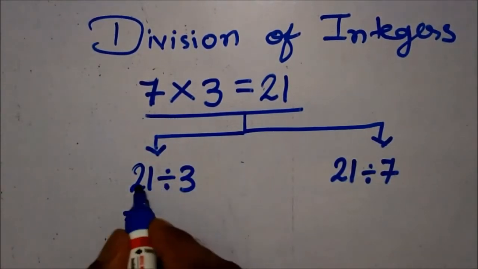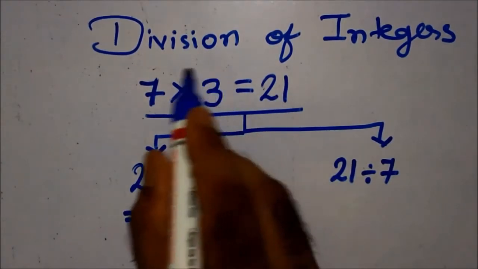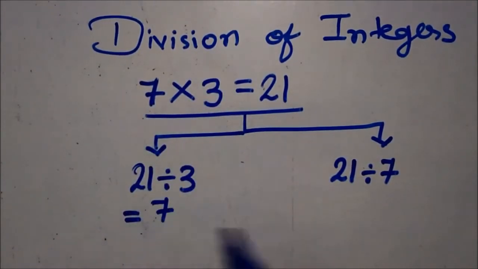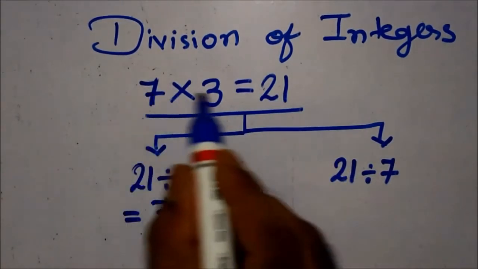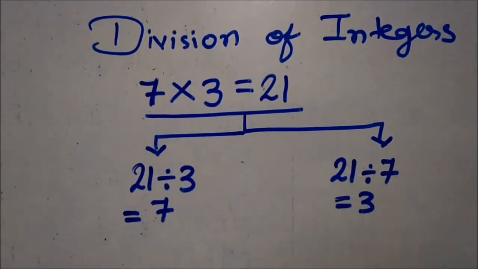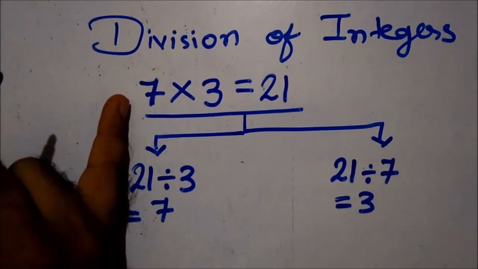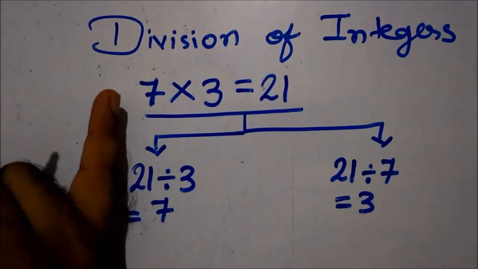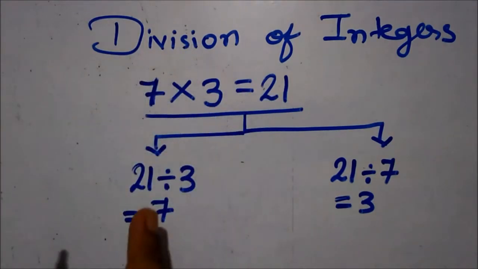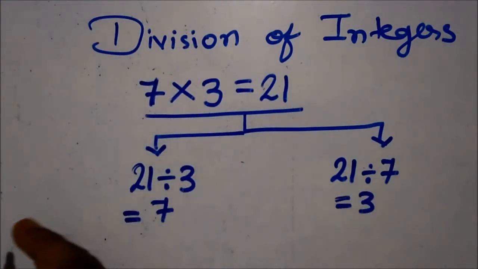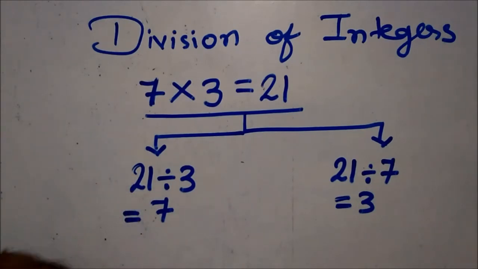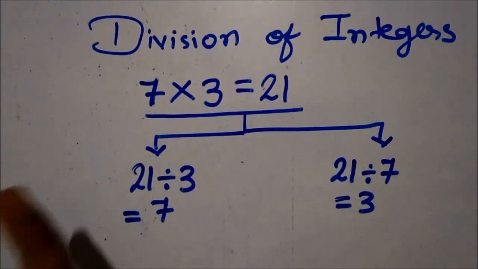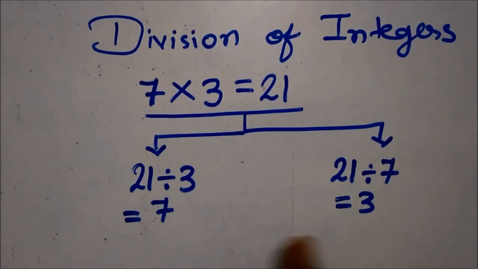What will be the answer? 21 divided by 3 is nothing but 7. 21 divided by 7 is nothing but 3. Students, we have seen from these two examples that for each and every multiplication statement we have two corresponding division statements.